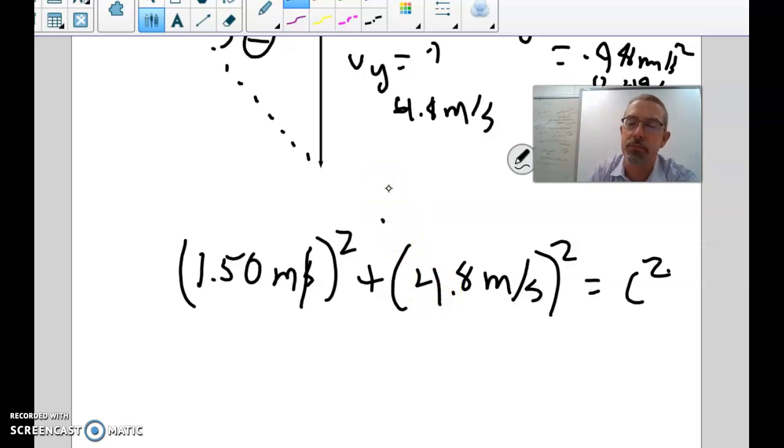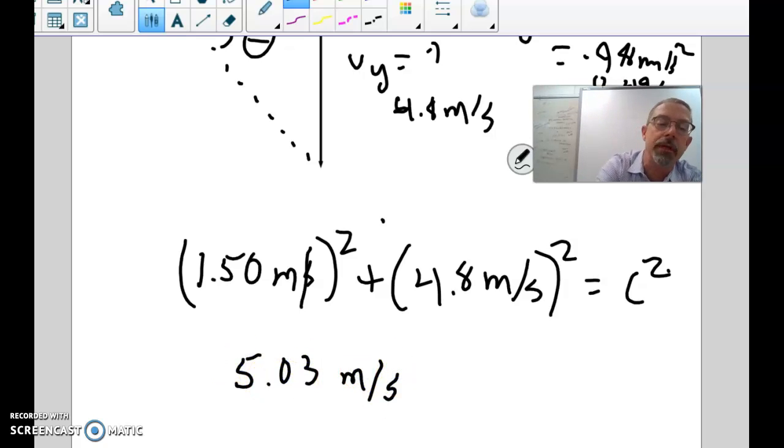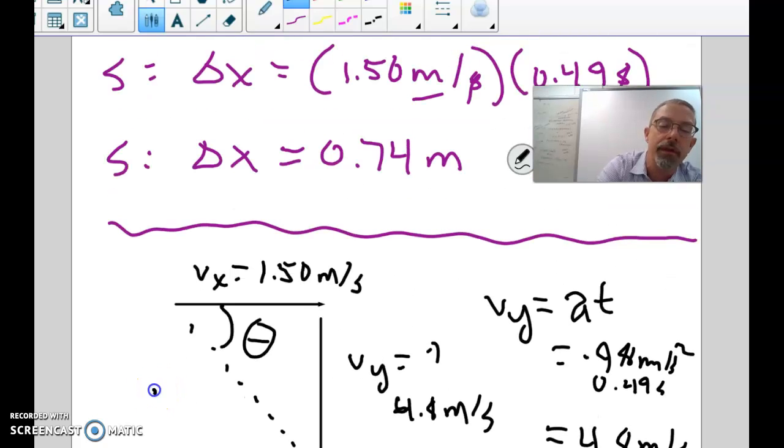You're going to see why, because we're looking for a speed here, we're actually looking for the magnitude of the resultant. But even if we did have a negative here, it would come out when we square it. So the resultant ends up being 5.03 meters per second. That is going to be the hypotenuse of this triangle.